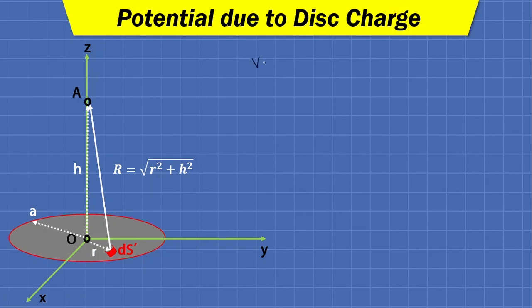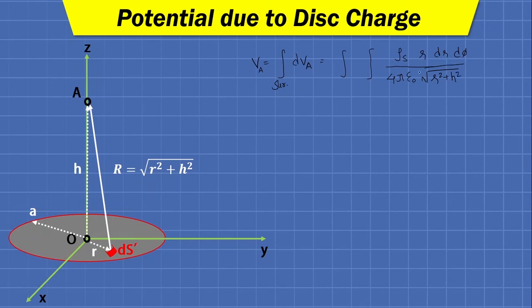so total potential V will be equal to the surface integration of dVA. Surface integration means double integration will be there. dq is nothing but rho s into r dr d phi divided by 4 pi epsilon naught under root r square plus h square.